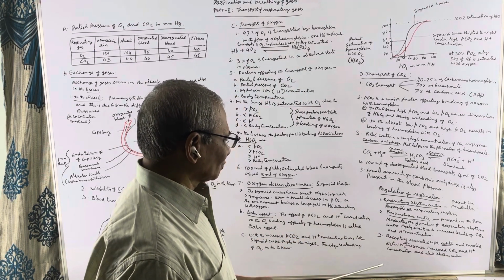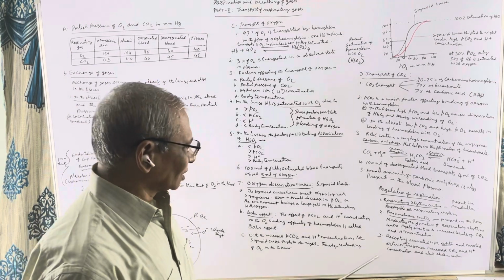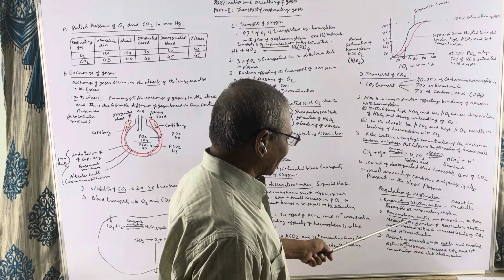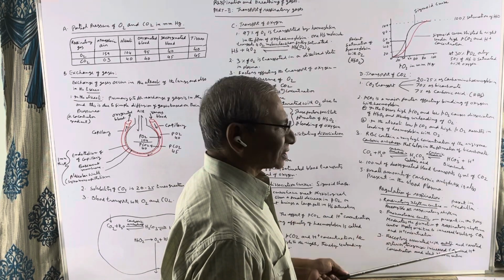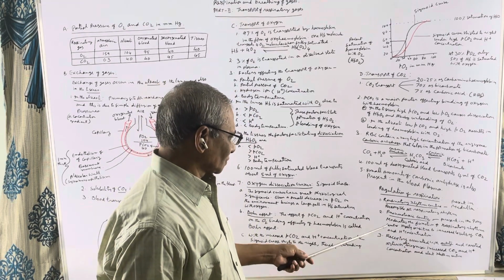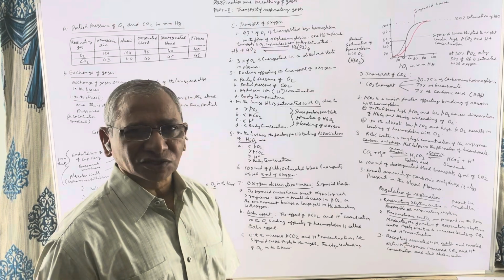Pneumotaxic center. Pneumo means air, taxic means movement. There is another one called pneumotaxic center. It is present in the pons. Pons is closely associated with the medulla.